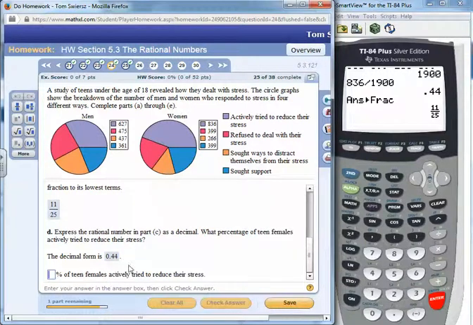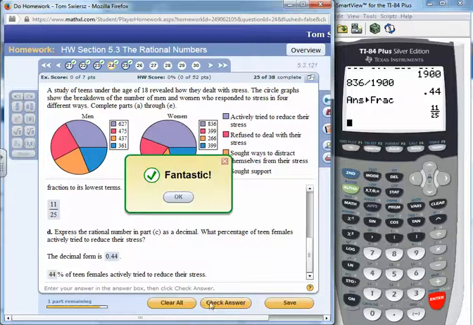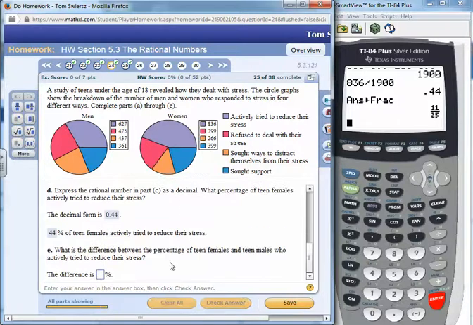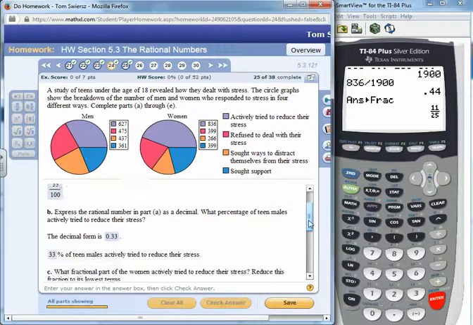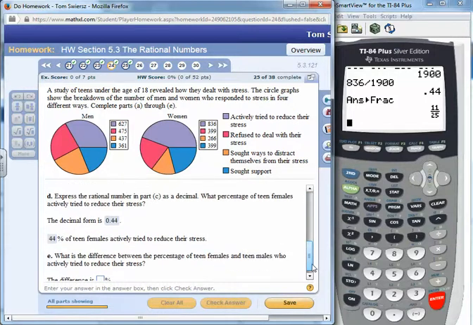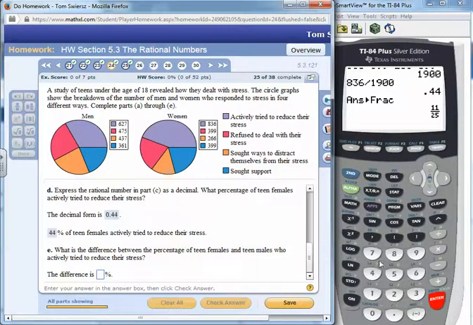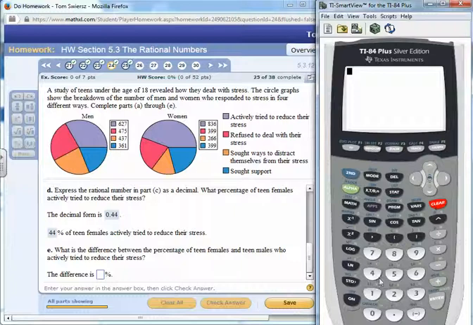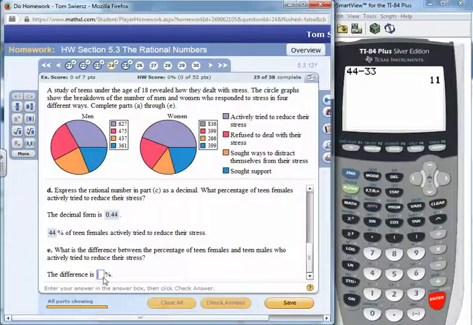The percent, move it over 2 places to the right, would be 44%. And finally, the difference: the men were 33%, women were 44%, so 44 minus 33 is an 11% difference.